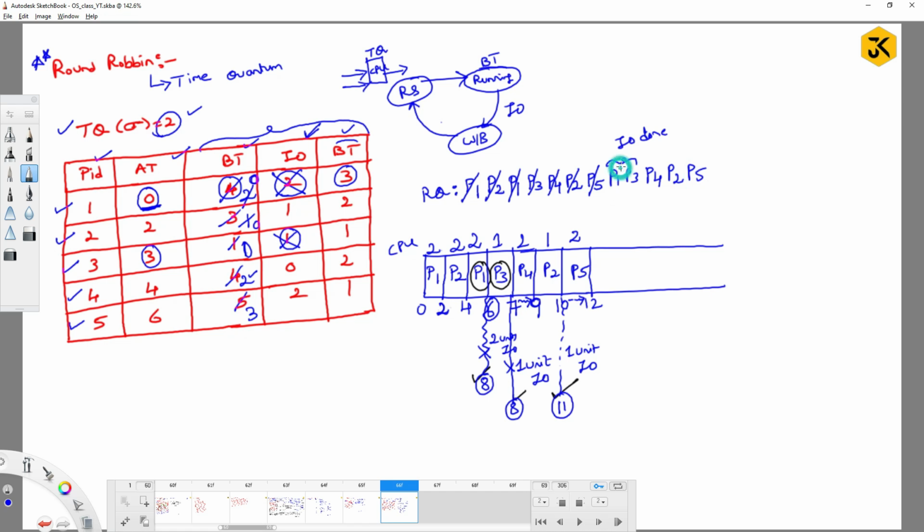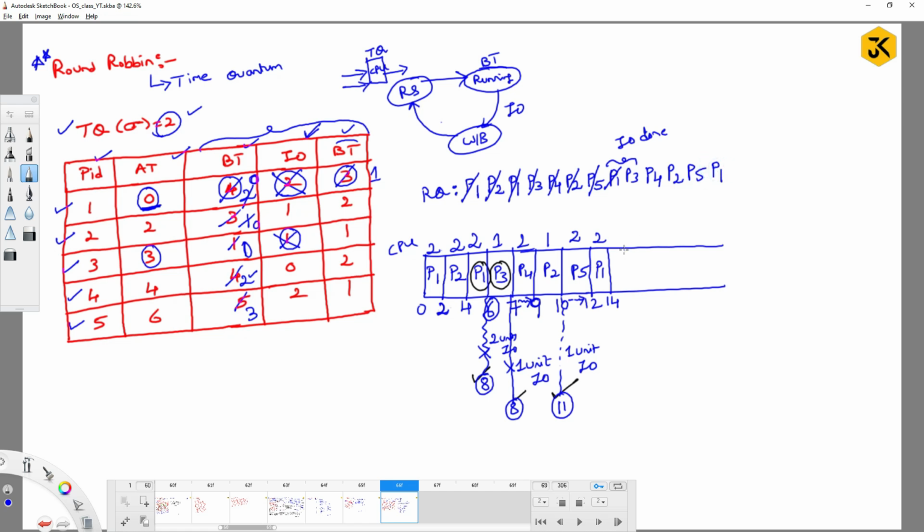Now P1 got the chance and executed for 2 units of time, which means it is left with 1 unit of time. It will be done by 14 units. As soon as P1 completes its turn, it will be added back to the ready queue.